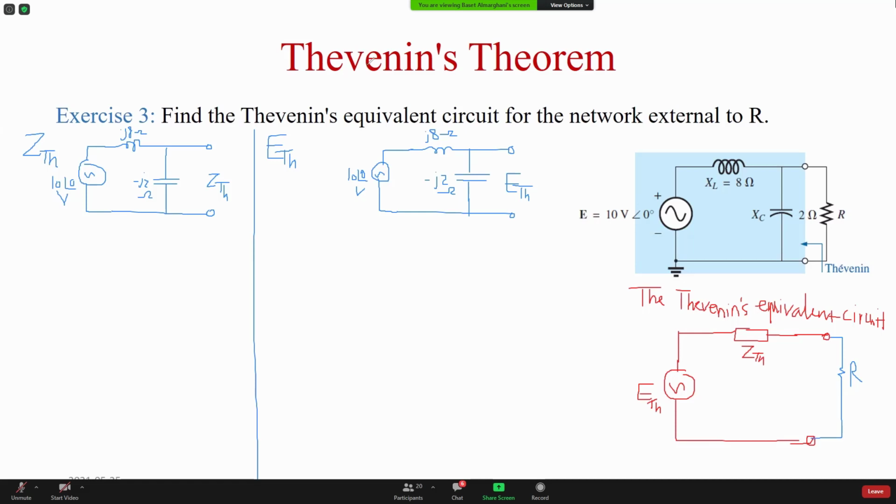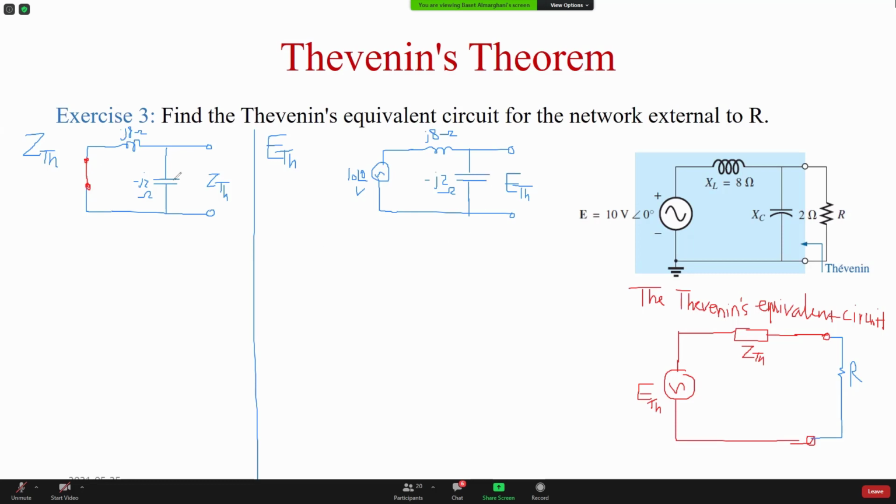So when we do the impedance, we're going to remove the source. So we're going to come to the source, remove it. It's a voltage source, so I have to replace it with a short circuit. This circuit, I do nothing.